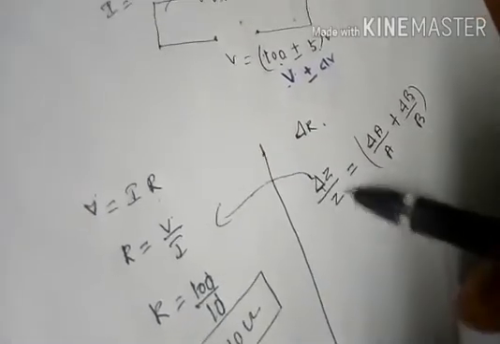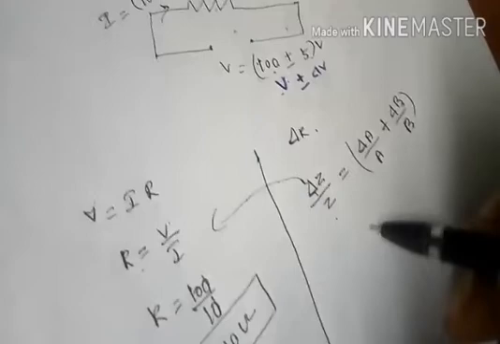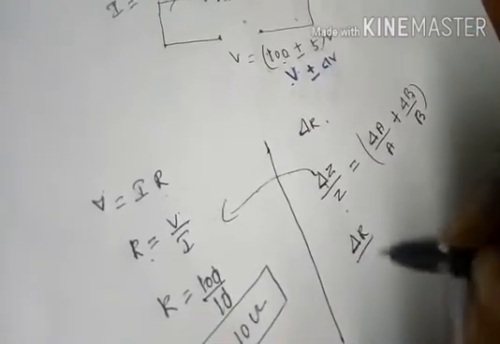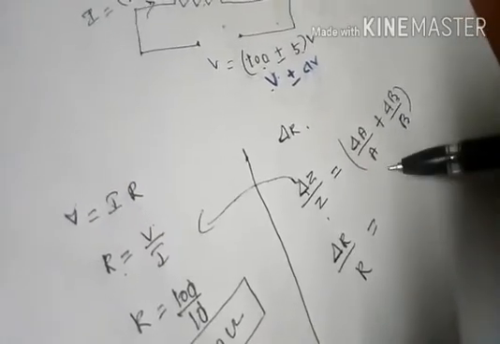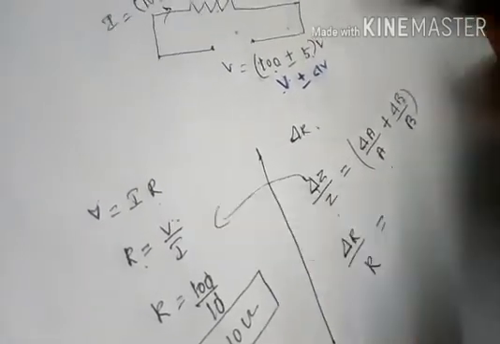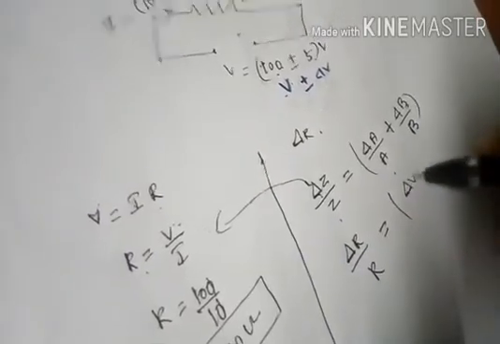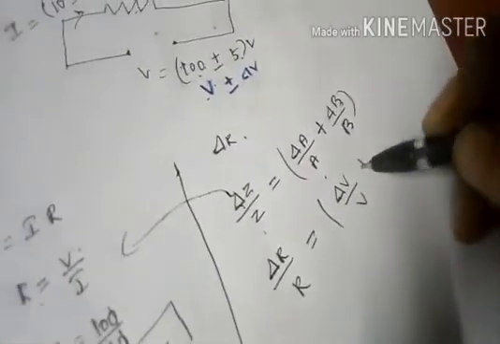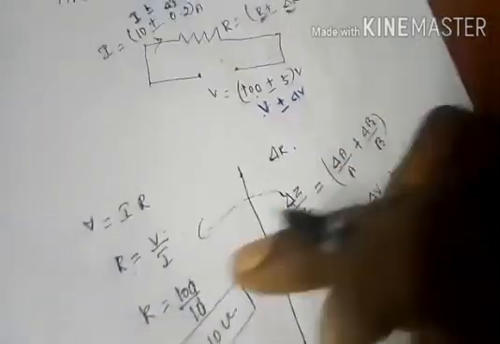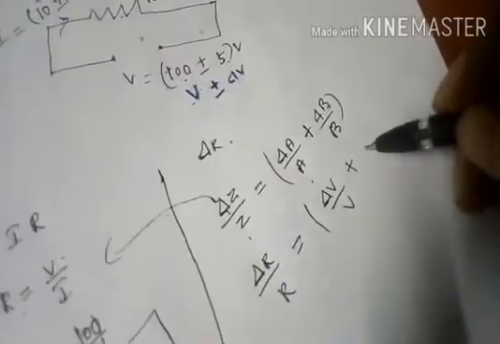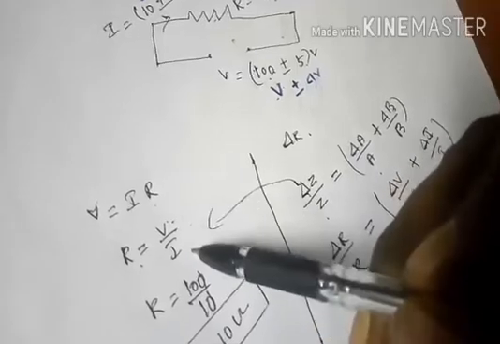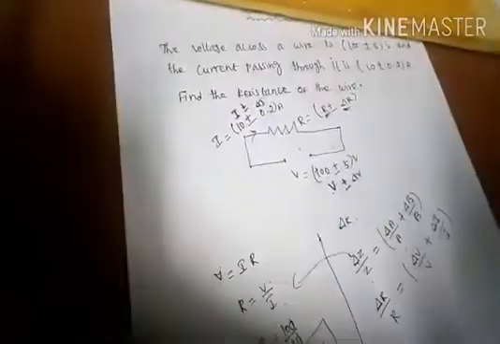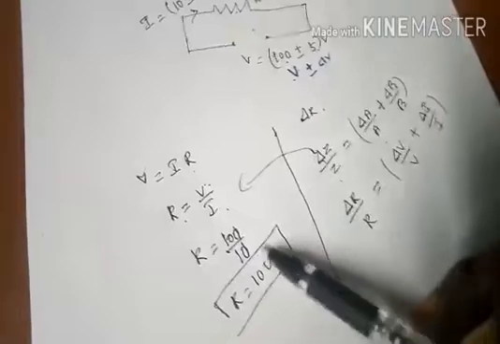So here instead of del z divided by z, I am using R. So del R divided by R equal to, instead of del a divided by a, I am using V, so del V divided by V, plus, instead of del b divided by b, I am using I, so del I divided by I. Okay, whether it is the numerator or denominator, you should follow this rule, that is add only.